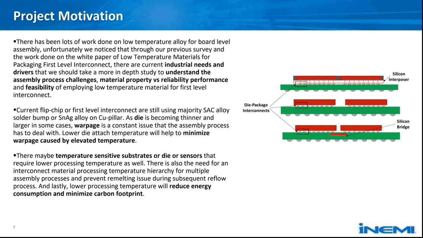performance, and feasibility. So the first and foremost challenge with respect to first level interconnect, as we see in multiple industrial as well as academic roadmaps, is the warpage of the die. As the die is becoming thinner and in many cases larger, such as in high-end server and AI applications, the warpage of the die during the die to package bonding step is increasingly becoming a big challenge.